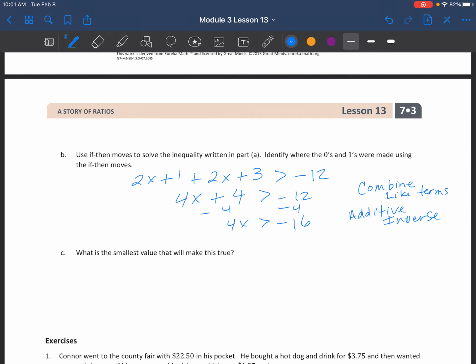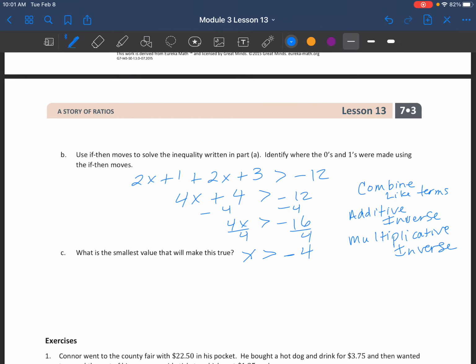So I end up here with 4x is greater than negative 12 minus 4, which is the same as saying negative 12 plus a negative 4, which is going to be negative 16. Now, to get rid of that 4 on the opposite side, we're going to use the multiplicative inverse. Okay?